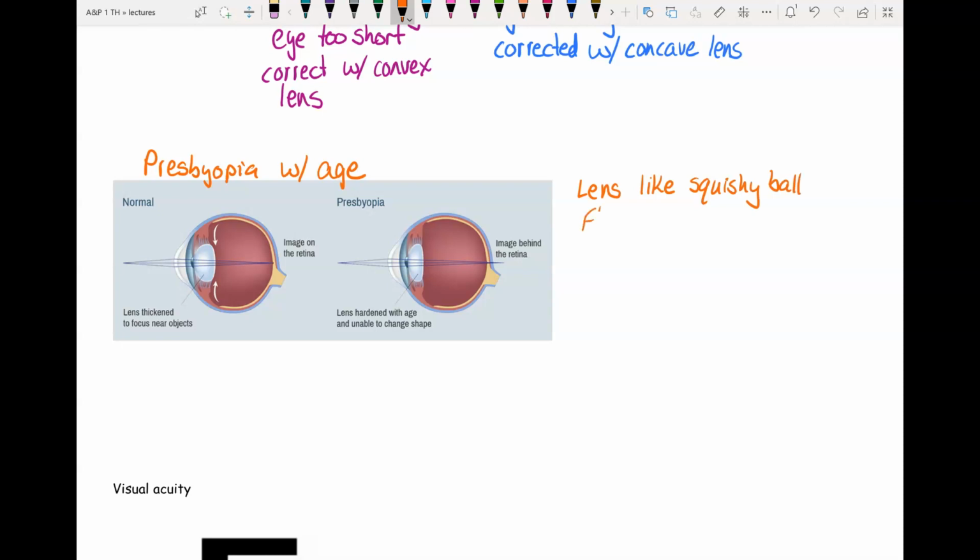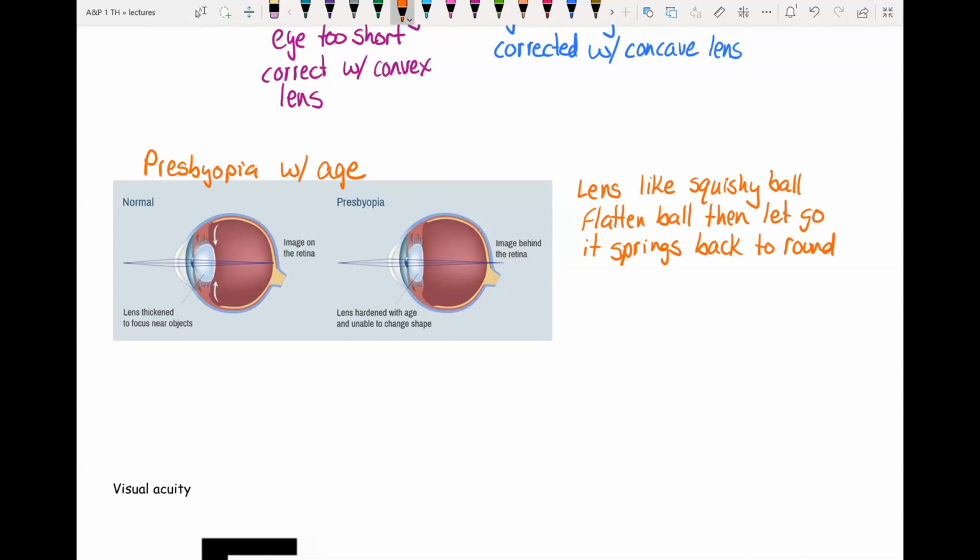When you flatten the ball, then you let go, it automatically springs back to being round. Now say you spend 40 or 50 years doing this. Eventually the ball is just going to start to stay flat. It's going to lose that elasticity to spring back to round.